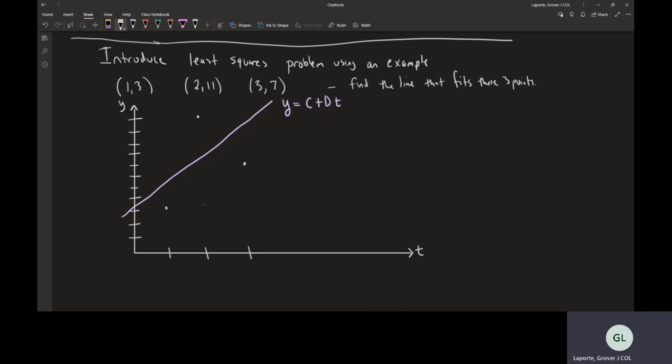But the problem is, obviously, there is no c comma d that will work for these 3 points.